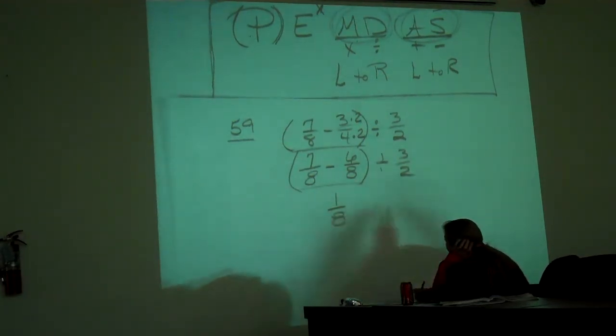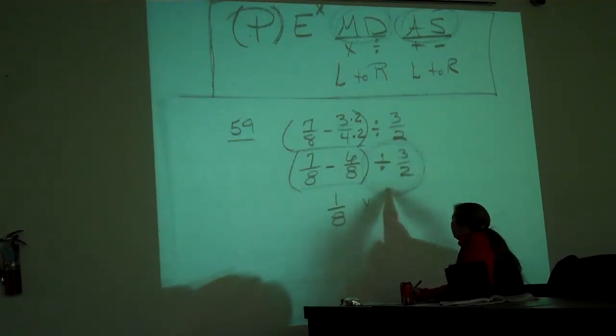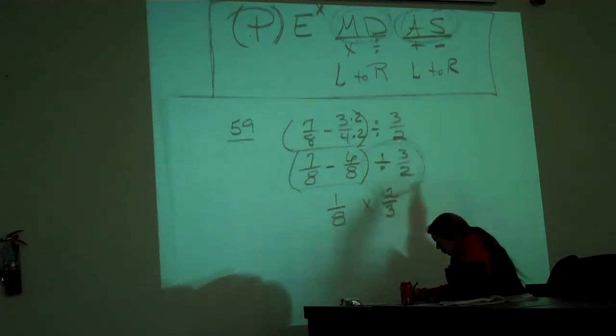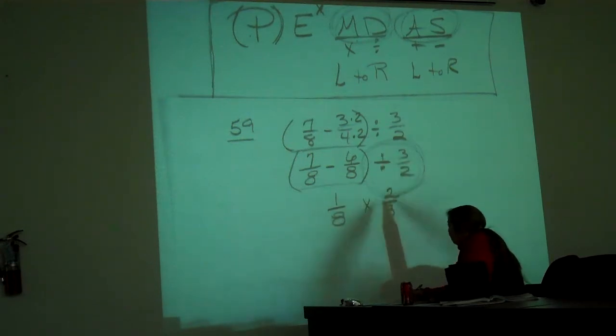is 1/8. Okay, instead of rewriting this down here, what do we do when we divide by a fraction? Multiply by the reciprocal. Yeah, we multiply and flip it over. So instead of writing that and using another line, I went ahead and did that now.